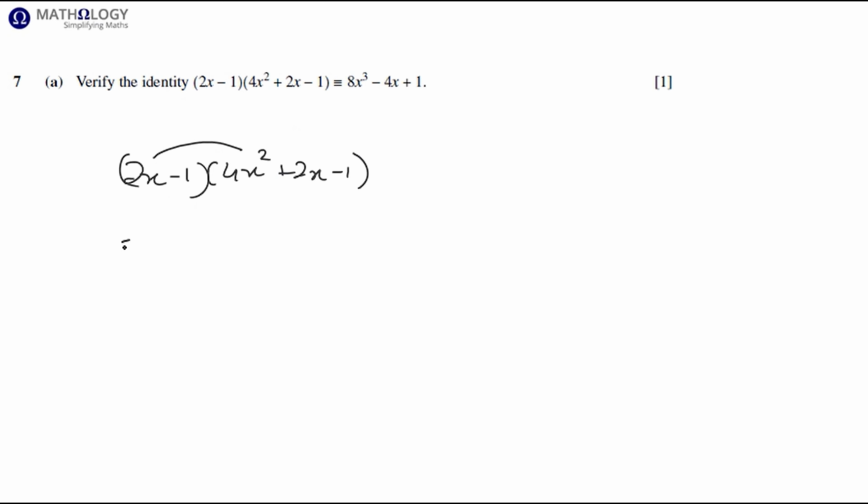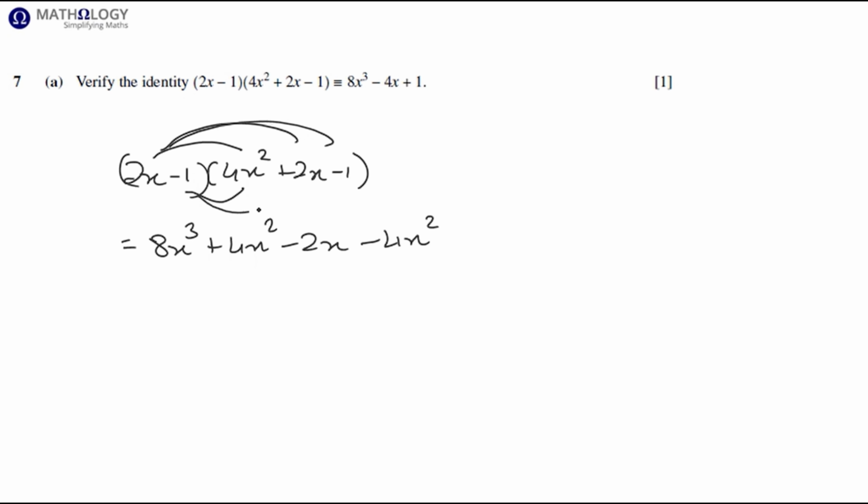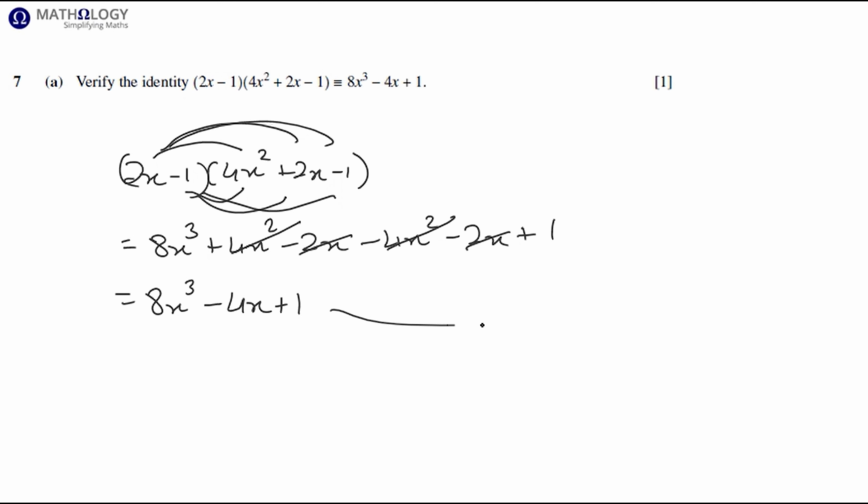So we'll have 8x cubed, and then 4x squared, minus 2x, and then do likewise with the last term in the first set of brackets. So we'll have minus 4x squared, minus 2x, and then plus 1. So that equals 8x cubed; 4x squared minus 4x squared is 0; minus 2x minus 2x is minus 4x, plus 1, which is what we're required to show.